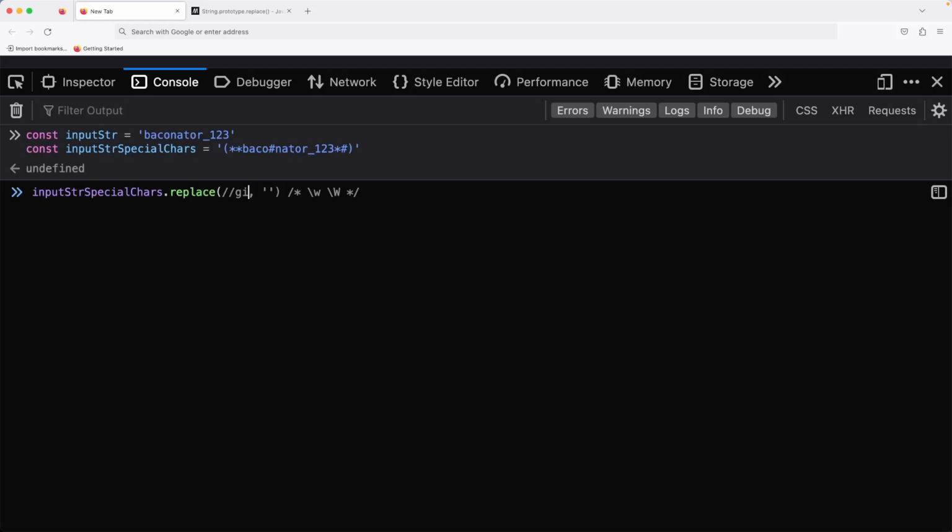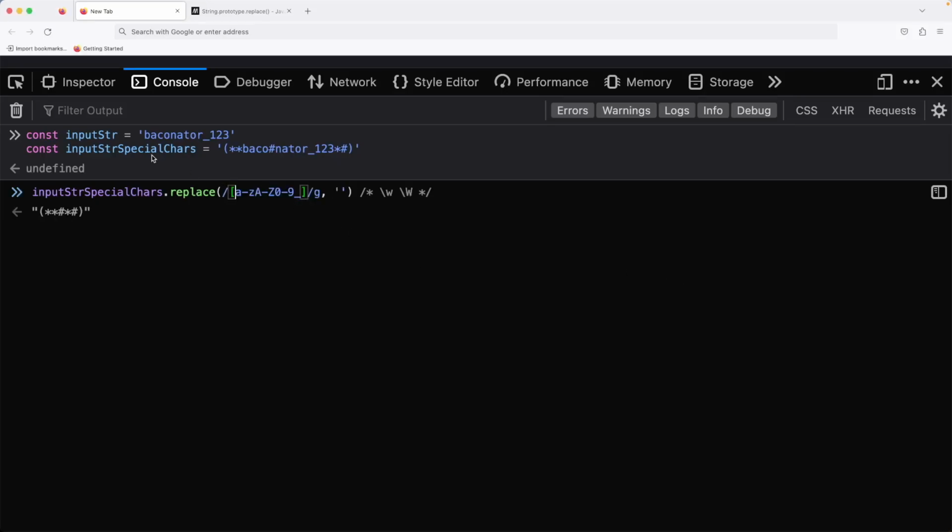They can also take case insensitivity if you don't care about capitalization, or multi-line. And then the second argument is, what do you want to replace this expression with? In this case, I want to replace it with nothing, which is an empty string. But you can replace this with whatever you want.